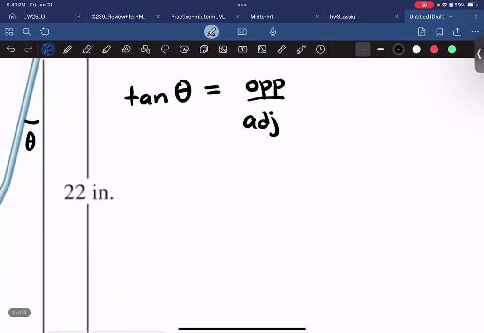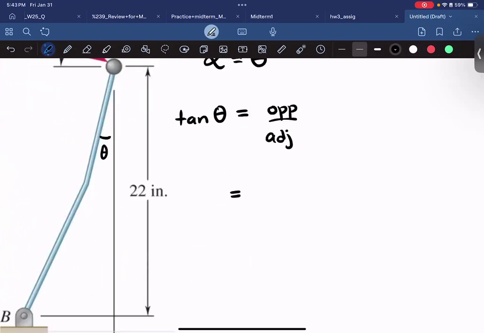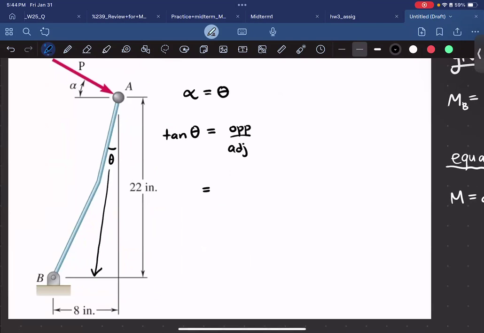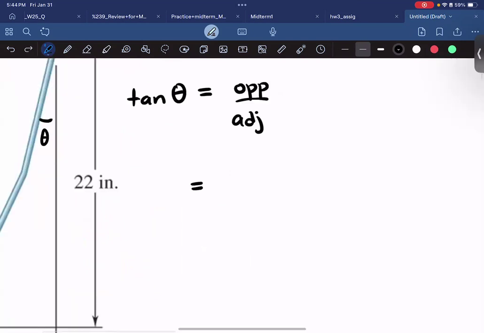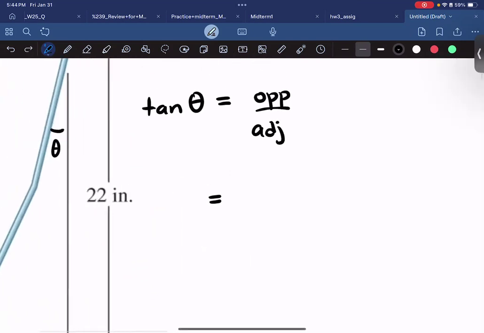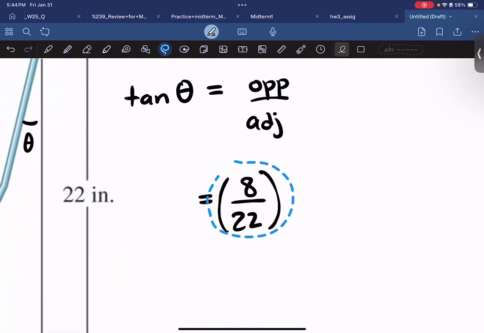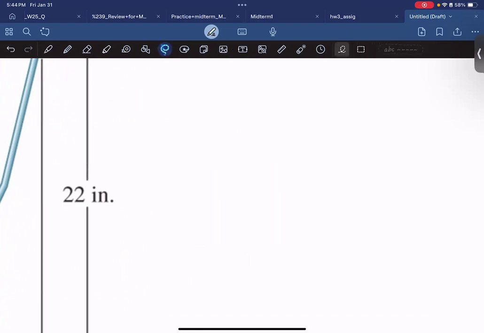Measuring from theta, the opposite is 8 and our adjacent is 22. So we have 8 over 22. And then we're also going to take the inverse of tangent so that we get our theta value.